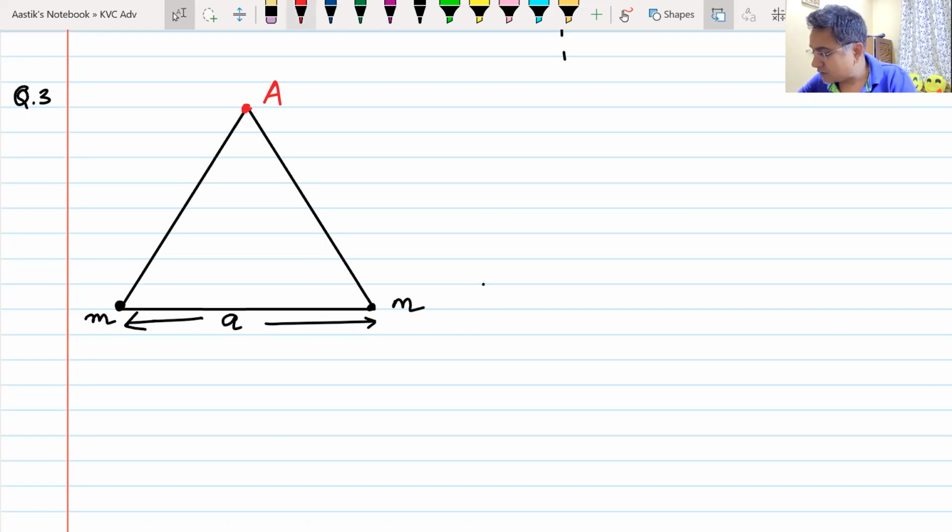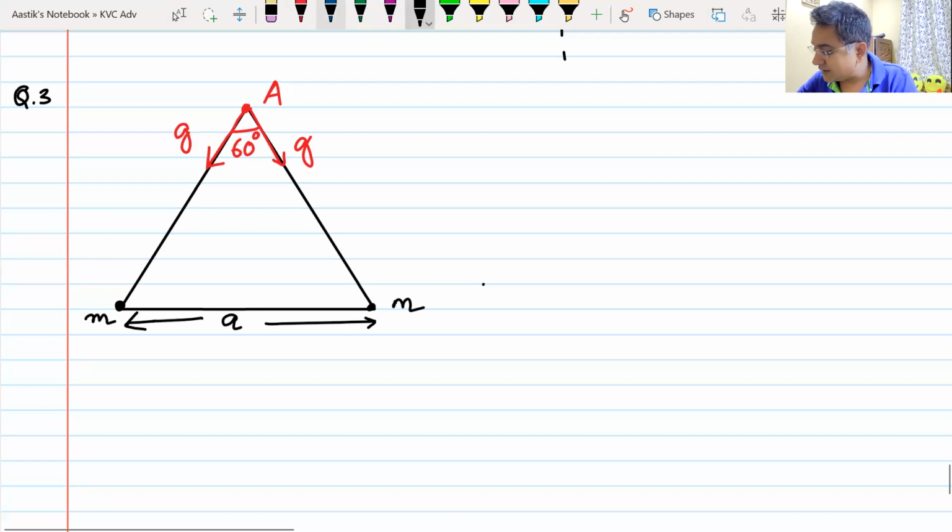The gravitational field created by this mass would be going like this. Let me call this G. The gravitational field created by this mass will also go like this. Both the gravitational fields are equal in magnitude, yes or no? Yes, sir. And the angle between these two gravitational fields is 60 degrees. You can straight away apply that formula of two vectors.